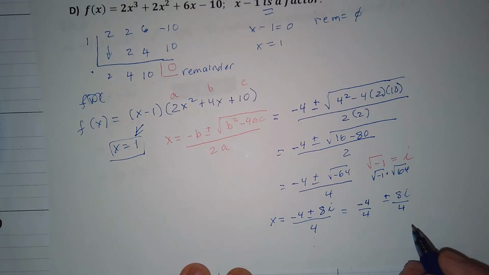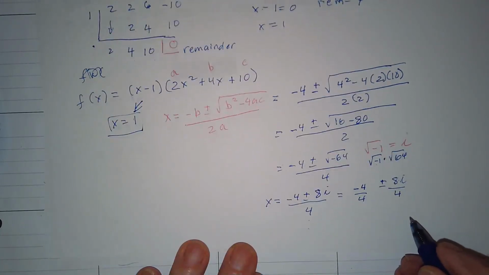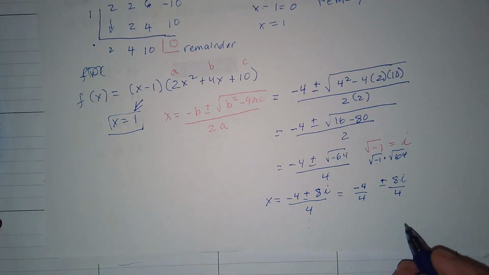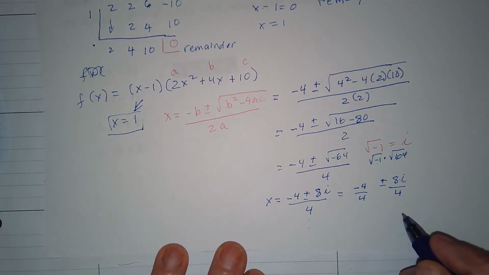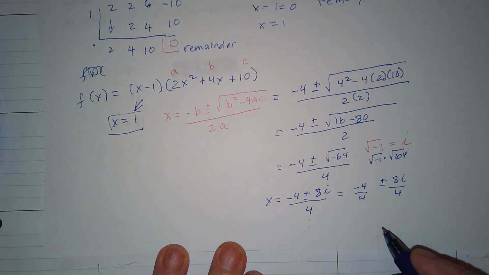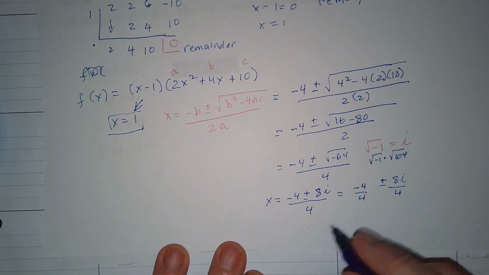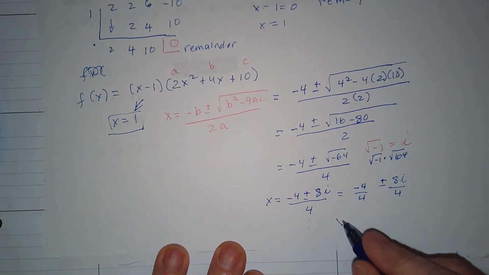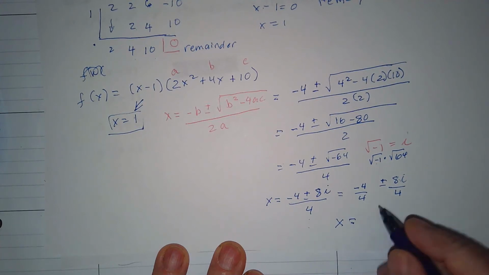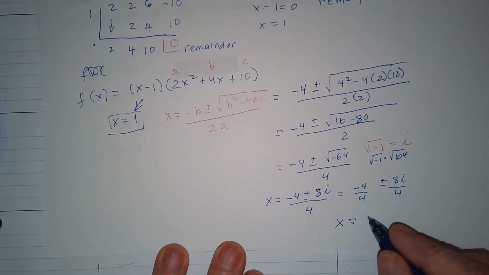Now, what Delta Math will do is it will want to show this as two solutions in this fashion. So they'll probably say x equals 4 divided by negative 4 is negative 1, right?